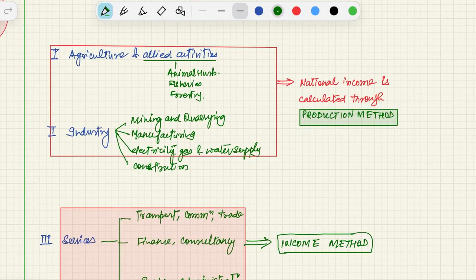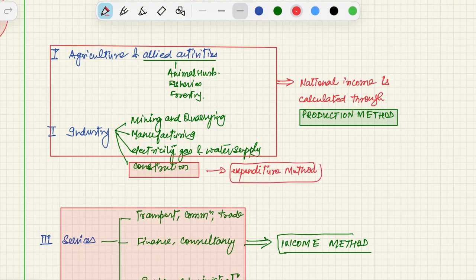Similarly, for construction activities, we use the expenditure method to calculate national income.